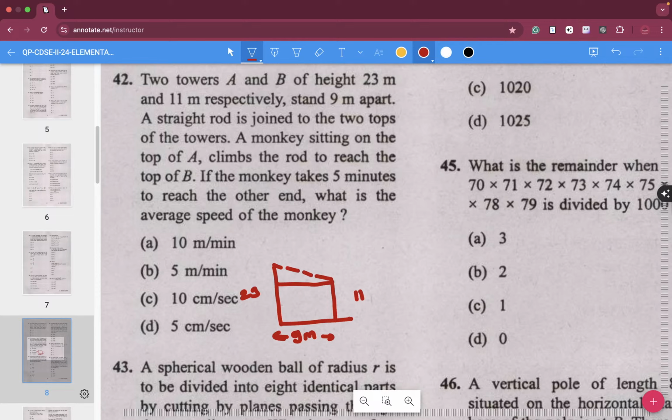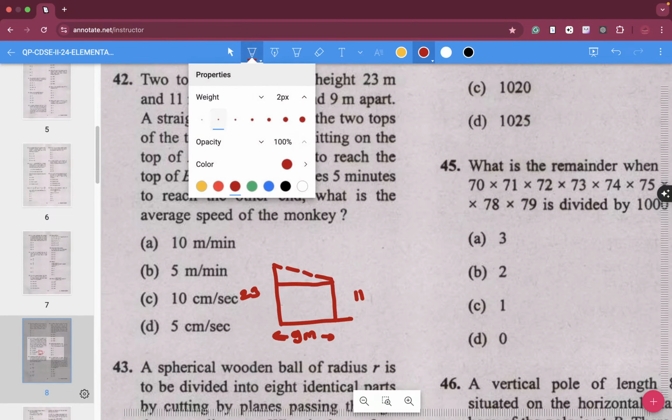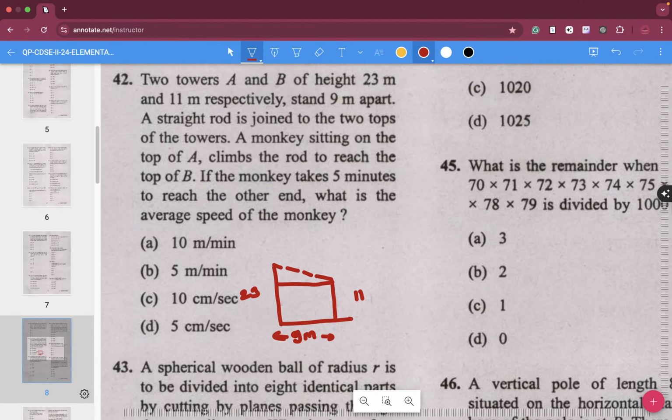A straight rod is joined to the two tops of the towers. So can I simply say something like O, A, B, C, D? I have named all of these points. In that case, OA is equal to BD is equal to 9 meters, that is for sure given.